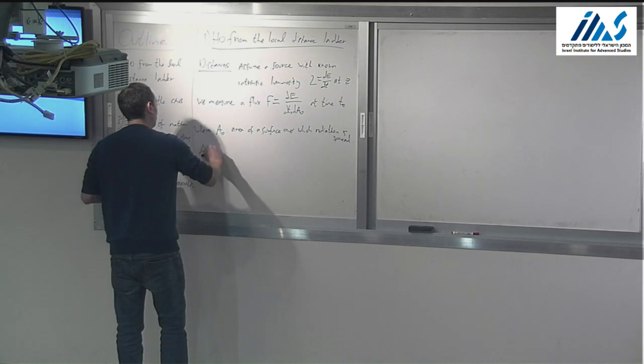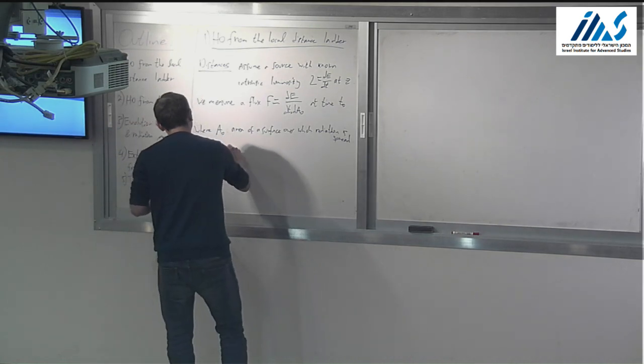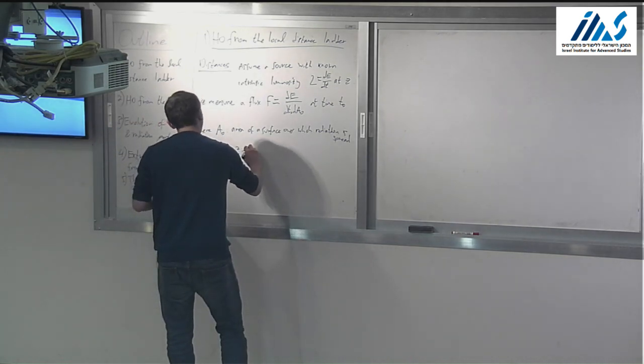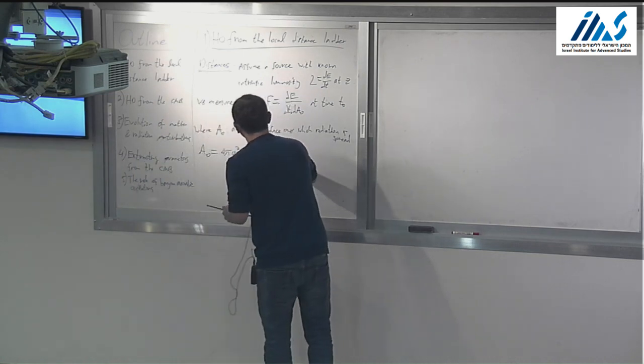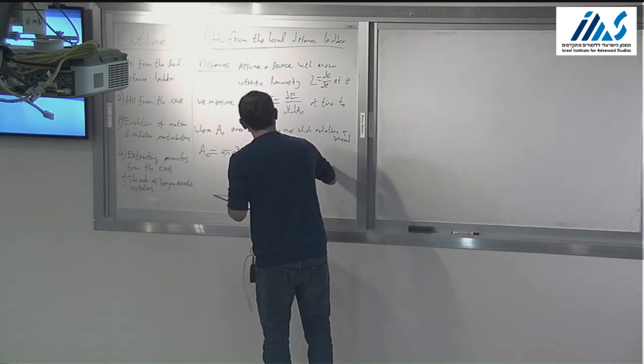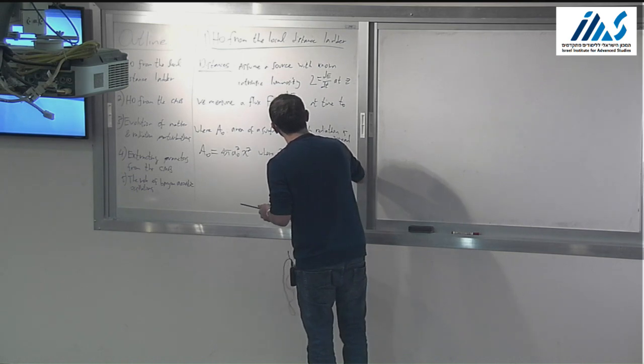Okay, so A naught equals 4 pi a naught squared chi squared, where chi is a comoving coordinate.